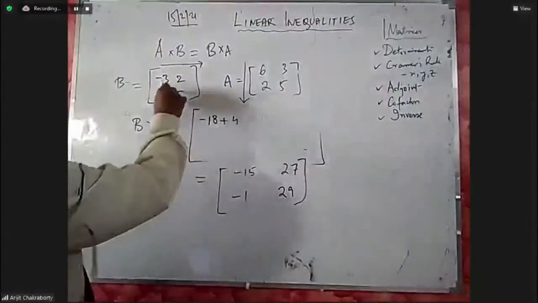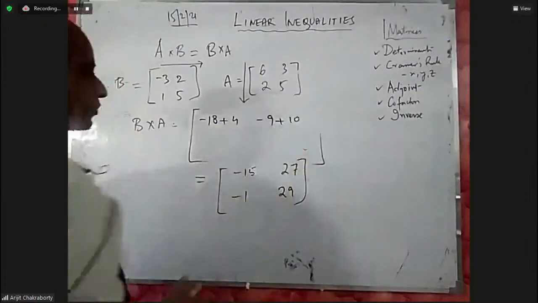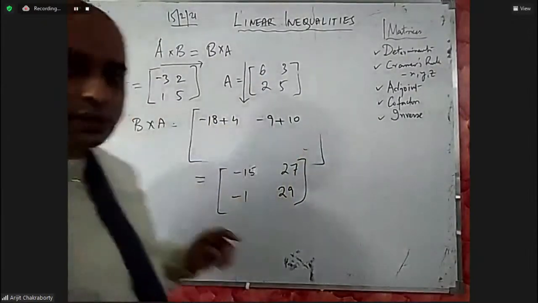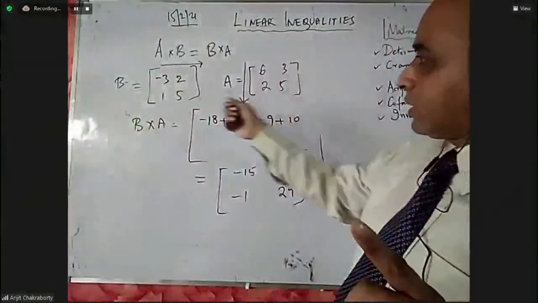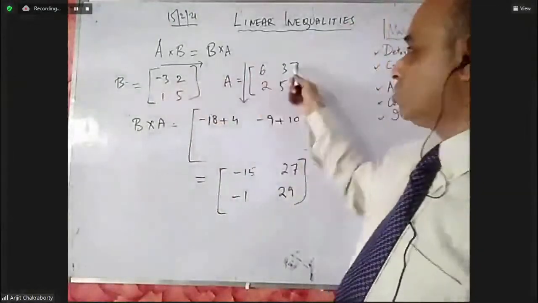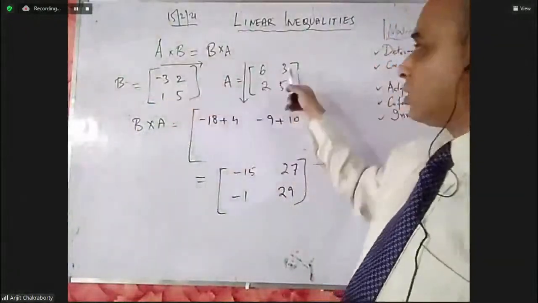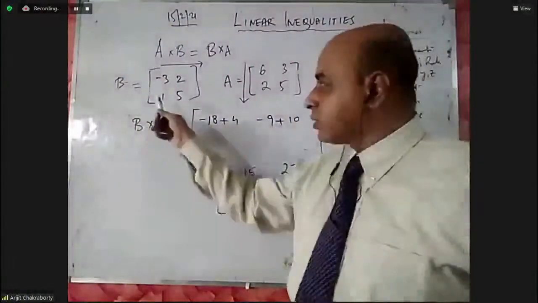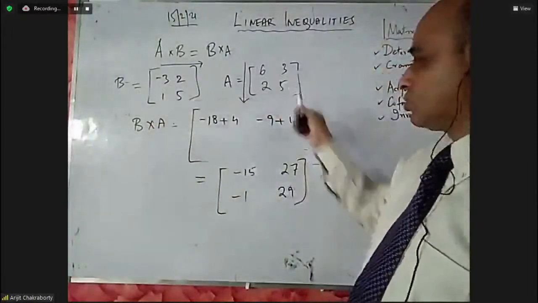So -3 into 3, that is -9, plus 2 into 5, that is 10. Thereafter I'll take up column 1 here, but I will take row number 2. Now I will take row 2, column 1 here, and row 2, column 2 here.